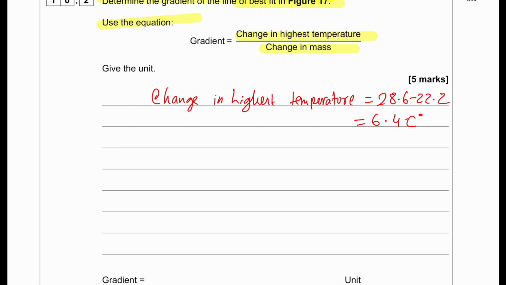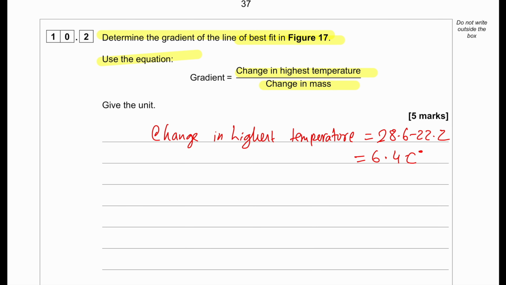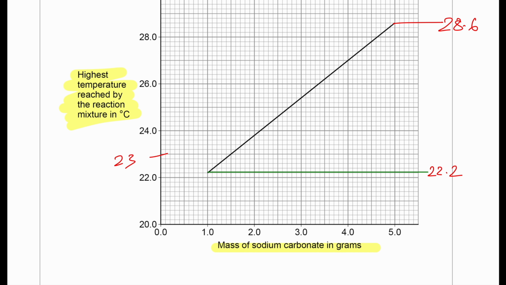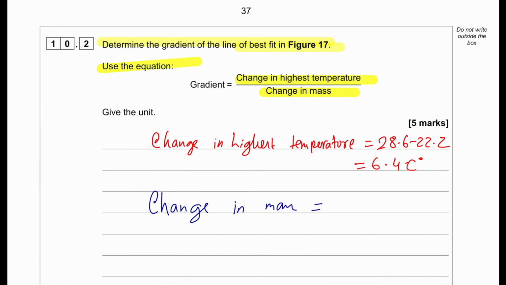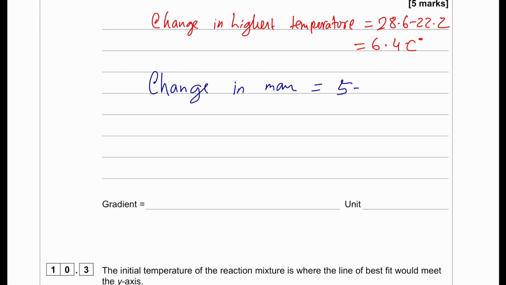The next one will be change in mass. We can see the change starts from 1 and ends at 5. So 5 minus 1 is 4.